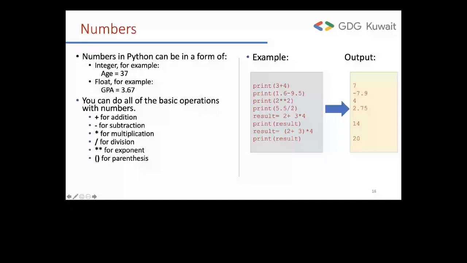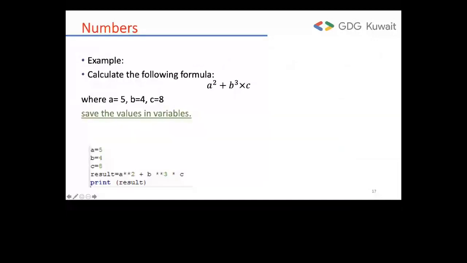Another example of numbers, we have the school equation, I call it: 2 times a to the power 2 plus b to the power 3 multiplied by c. In the code, we should first define the variables. So we say a equal to 5, b equal to 4, and c equal to 8.